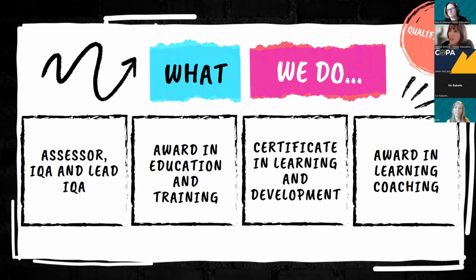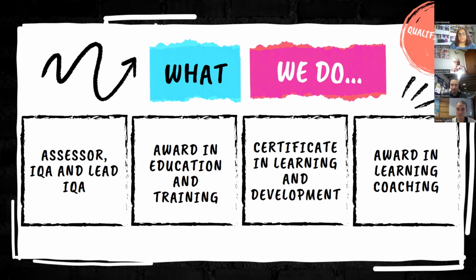The certificate in learning and development is a lovely qualification that not a lot of people in our industry know about. It's funded via an apprenticeship programme, and it combines the assessor qualification and the award in education and training. So if you're an assessor who now needs to do more teaching in your role, or a trainer who needs to do assessment, it's a perfect qualification. And if you're new into the role within the last 12 months, it's fully funded as part of an apprenticeship programme.